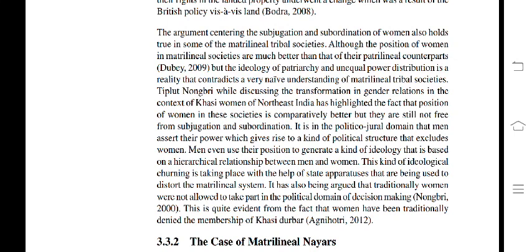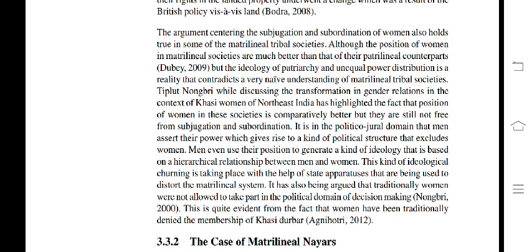highlighted the fact that the position of women in these societies is comparatively better, but they are still not free from subjugation and subordination. It is in the politico-jural domain that men assert their power, which gives rise to a kind of political structure that excludes women.